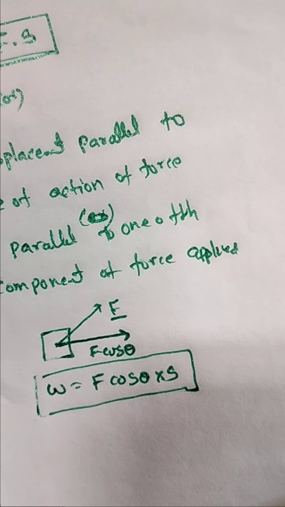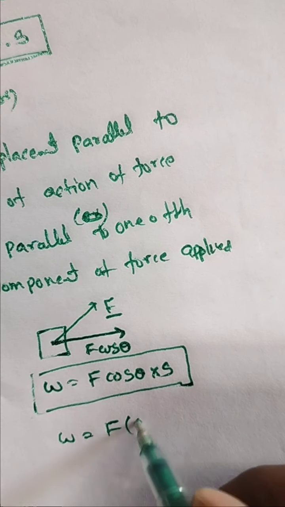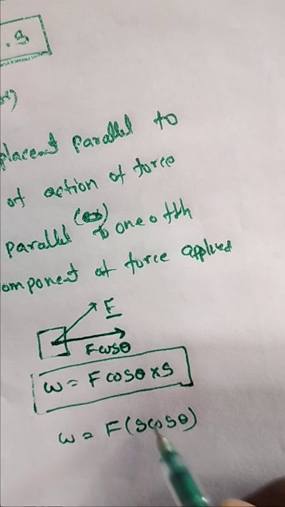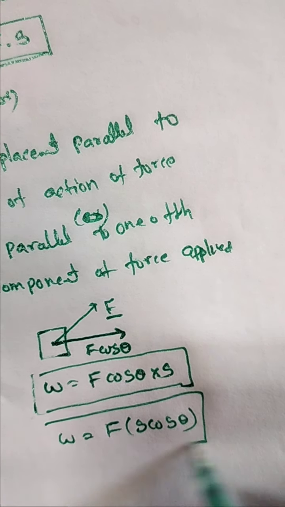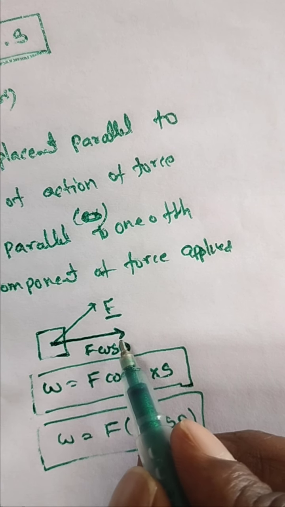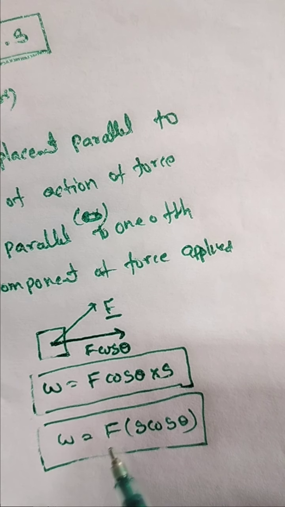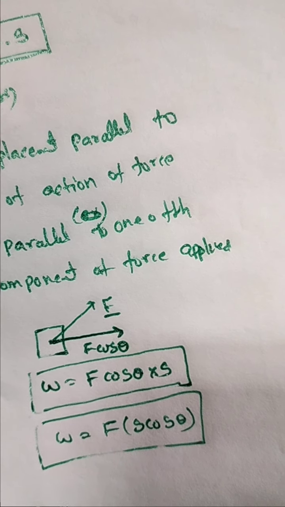Sometimes W is equal to F into S cos theta also. Sometimes the force component is parallel to the direction of the displacement, or the displacement is parallel to the force direction. So W is equal to Fs cos theta.